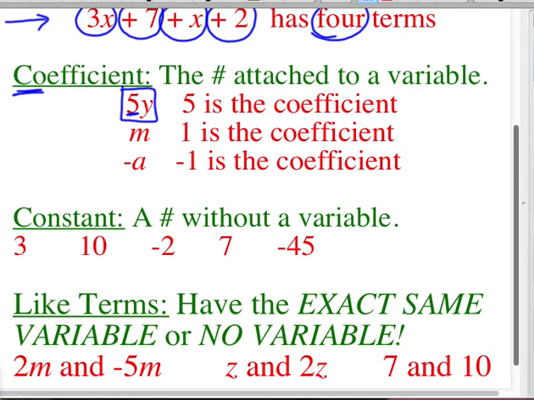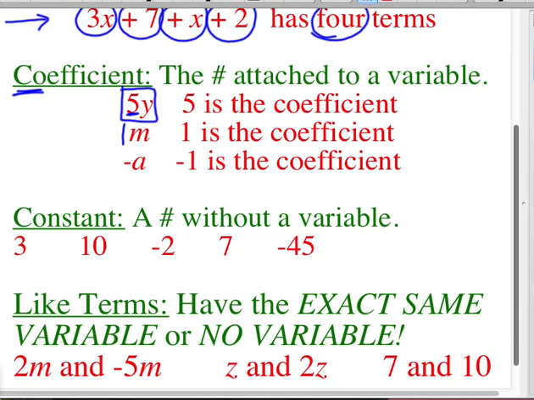Ooh, look at the next one, m. You might think, well, there isn't a coefficient on the m because I don't see a number stuck onto that m. Well, we've been over this, and this is a case of the invisible one. There is always a coefficient on a variable. Even if you can't see it, it's there.